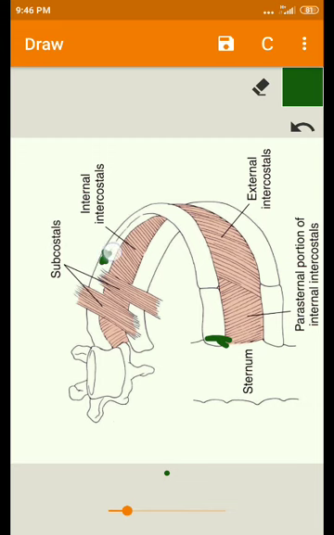This is the angle of the rib, and posterior to the angle of the ribs it forms an aponeurotic layer called the posterior intercostal membrane. So finally it ends up as the posterior intercostal membrane.